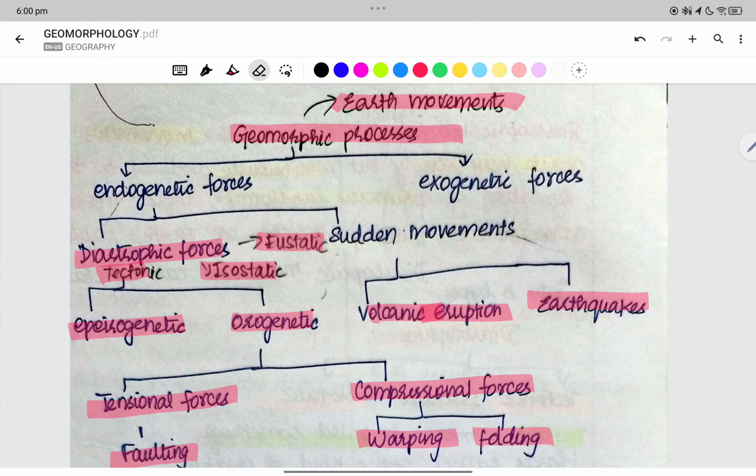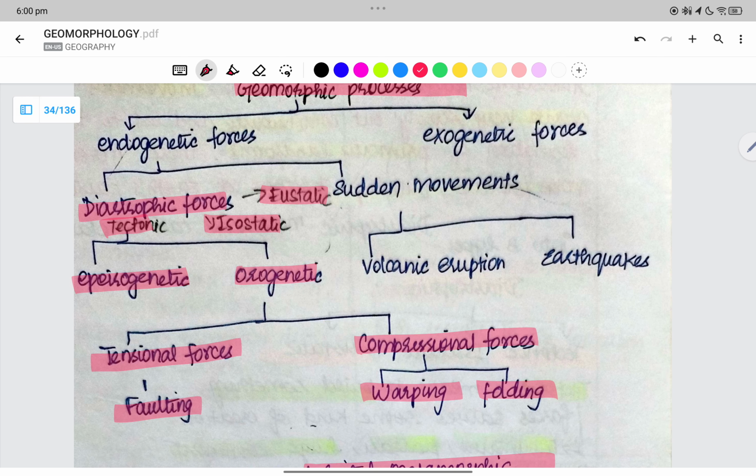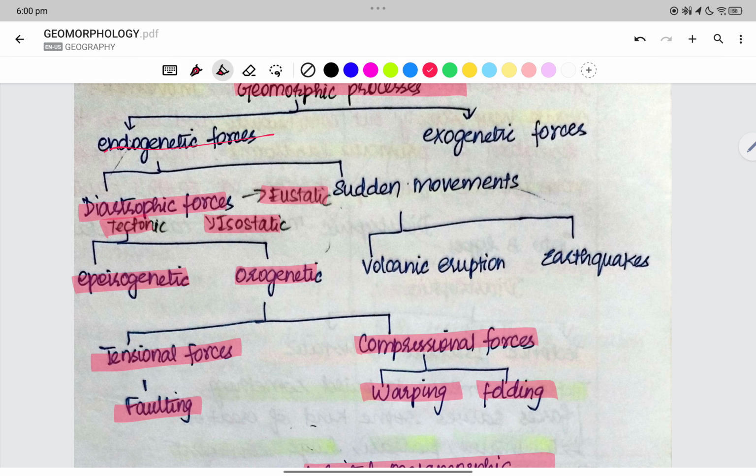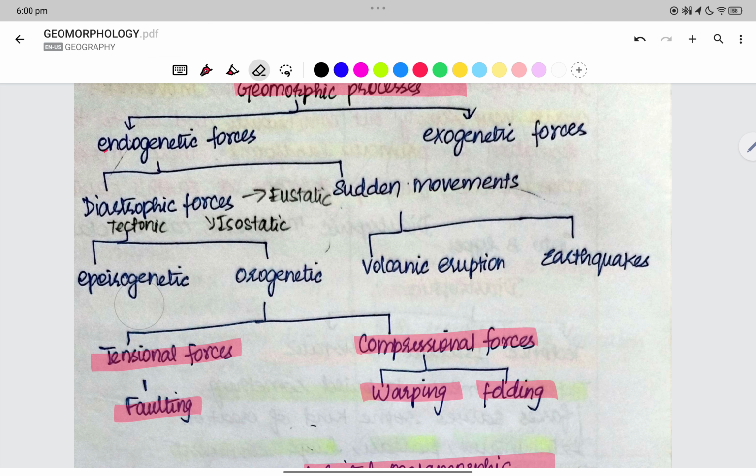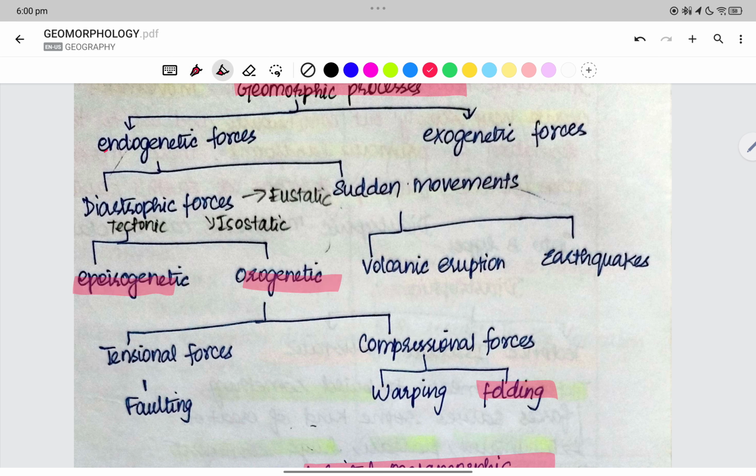Sudden movements are very easy to remember: we have volcanic eruptions and earthquakes. The diastrophic forces are further classified into epirogenetic and orogenetic. Orogenetic is mountain building.